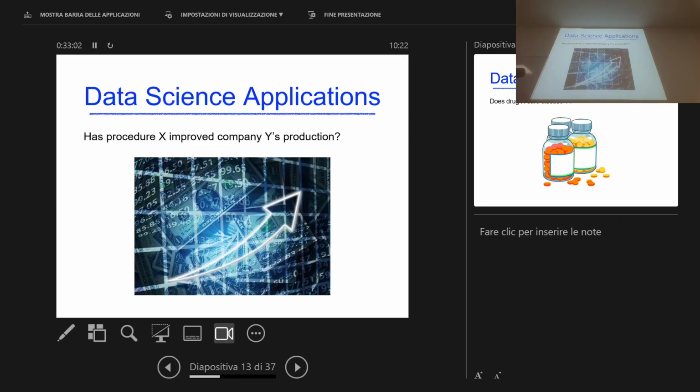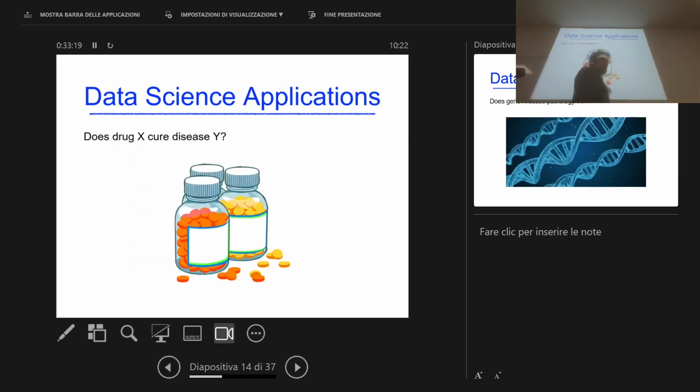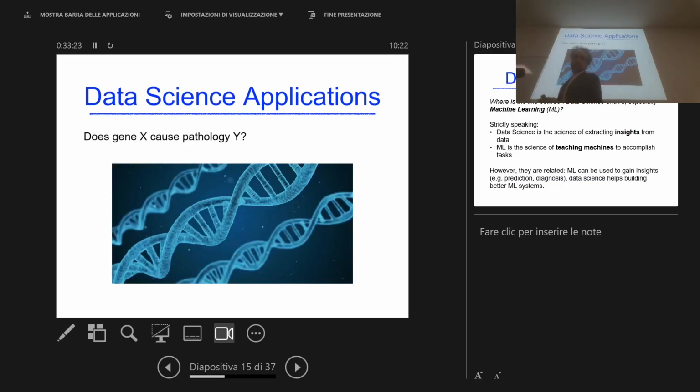In general, obviously, the goal of every company is how can we improve the production by doing what? That's obviously the general question. In healthcare, can we, beyond any reasonable doubt, assess that this gene causes that pathology?